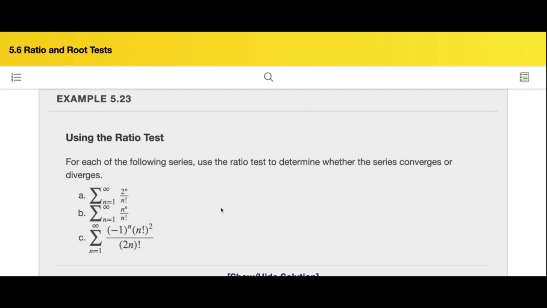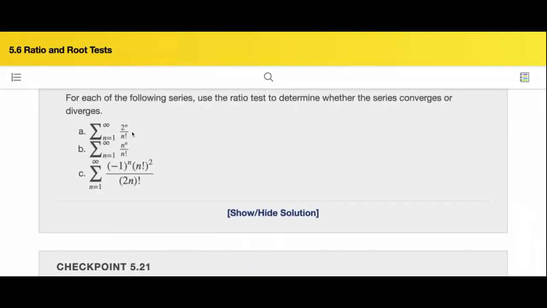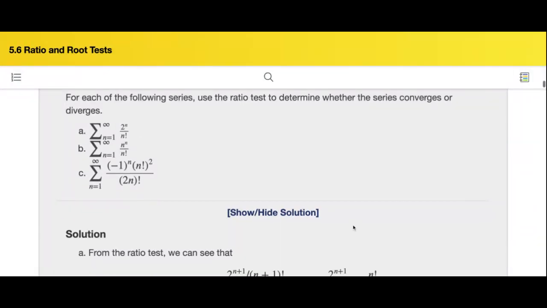Now let's do the ratio test. So for the ratio test, we want to compare 2 raised by n plus 1 over n plus 1 factorial divided by 2 raised by n divided by n factorial, right? So we basically take a limit of the n plus 1 term over the nth term. So let's do that.